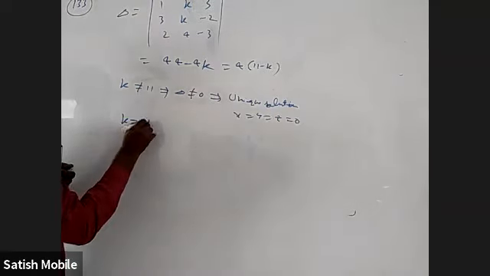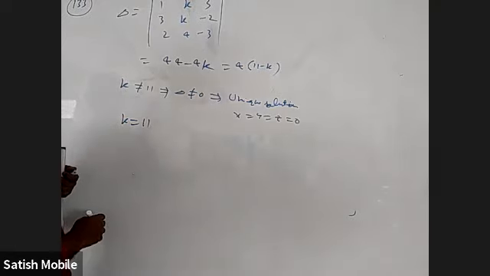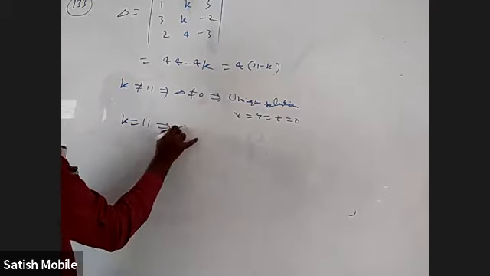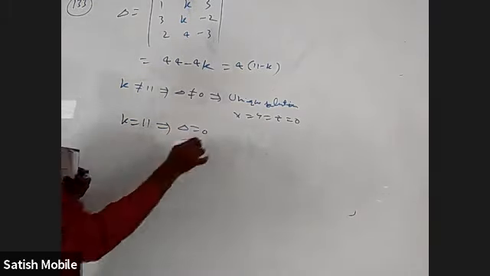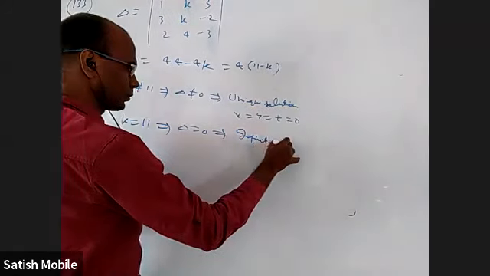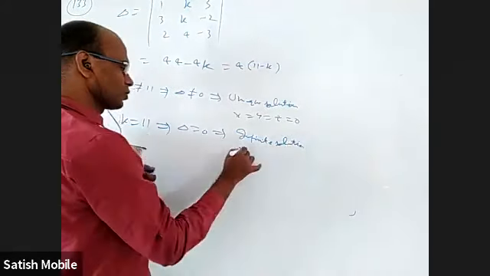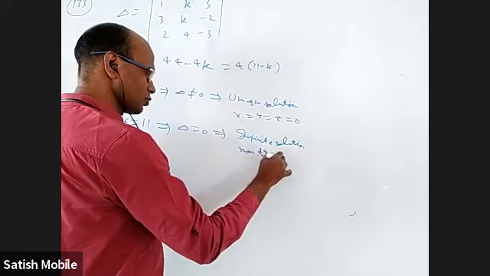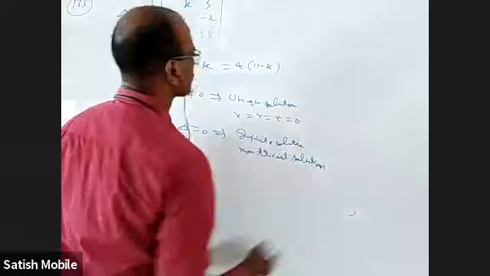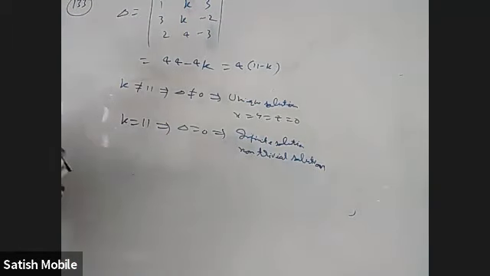So when k is equal to 11, we will have infinite solutions because delta is 0 and all constants are 0 here. Those infinite solutions are also non-trivial solutions because the constants are 0. Now we have to find those non-trivial solutions.